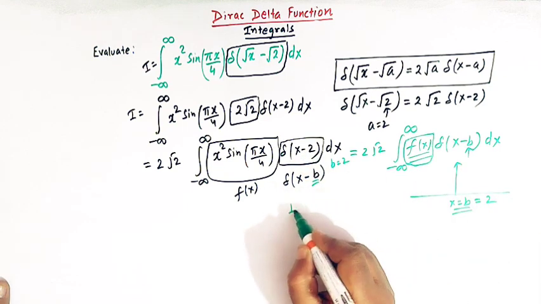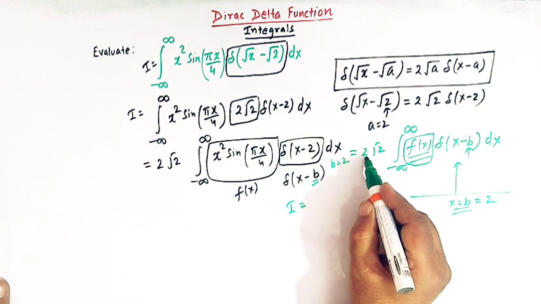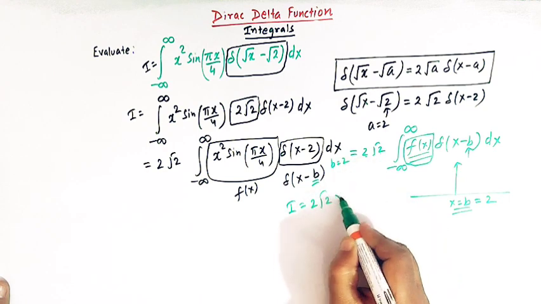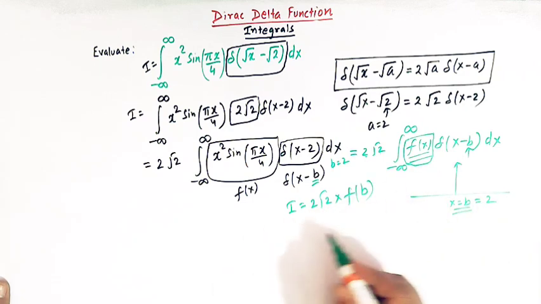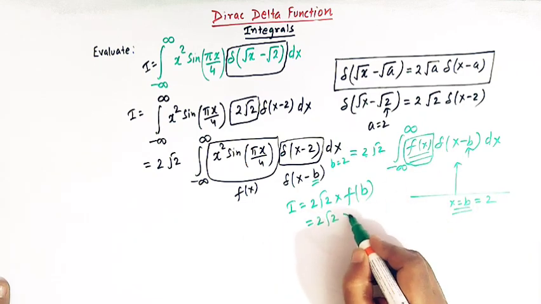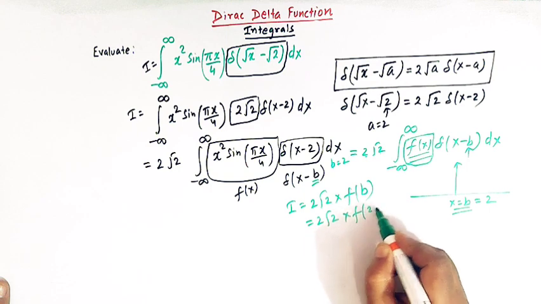So we have I is equal to 2 root 2 times f of b, and b is 2, so we have 2 root 2 times f of 2.